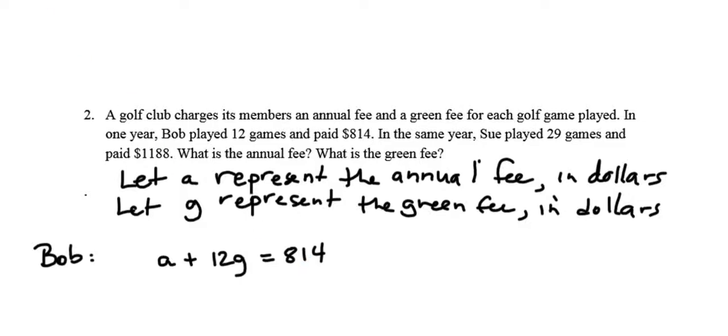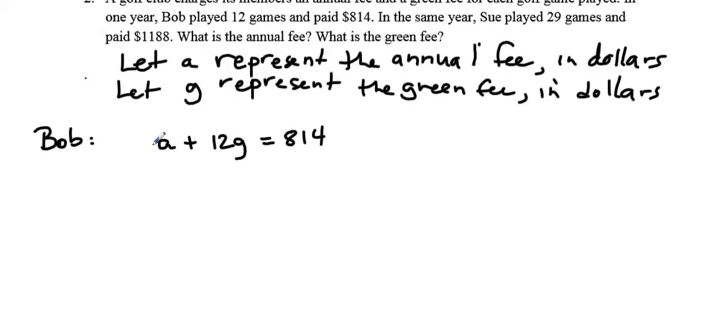So A was the amount that he paid up front, and he paid an amount every time he went, and he went 12 times.